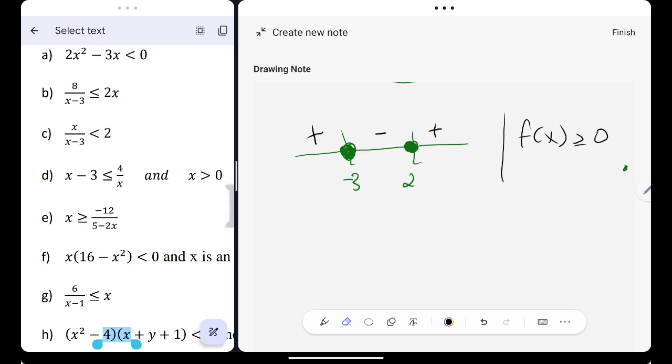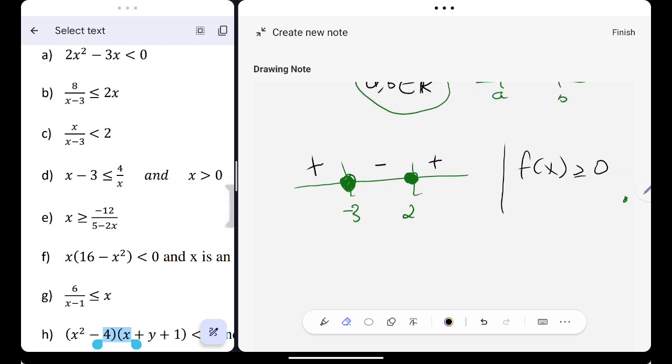If you have the number line, and you are asked to find the values of X for which f of X is greater or equal to 0. Are you together? Greater or equal to 0 means it's positive. Just check on your number line where you see a positive sign. It's here and here. Are you together? And this thing goes from -infinity to infinity.